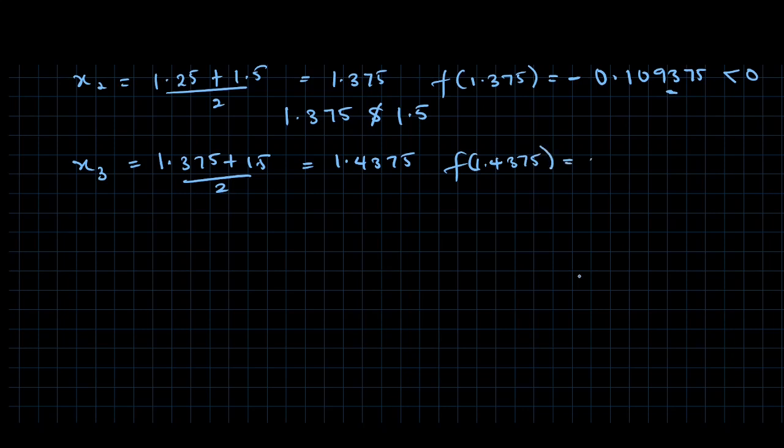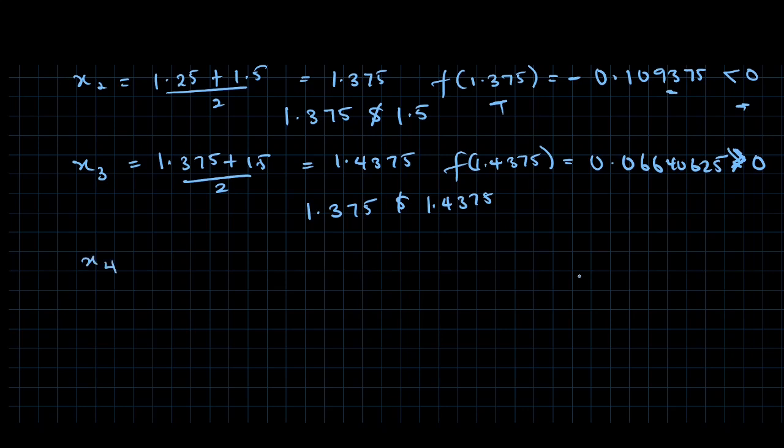So it's going to give you 0.066400625, which is greater than 0. Now you can see the equation is starting to give us a lot of zeros, so we know we're close to the answer. So if this is greater than 0, we look for what was less than 0. 1.375 produced a value that was less than 0. So now we know the root lies in between 1.375 and 1.4375.